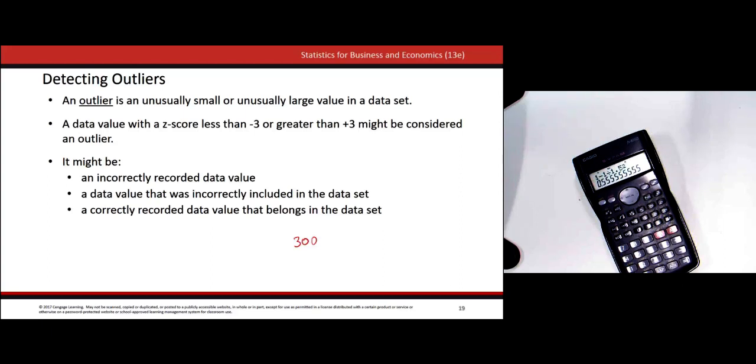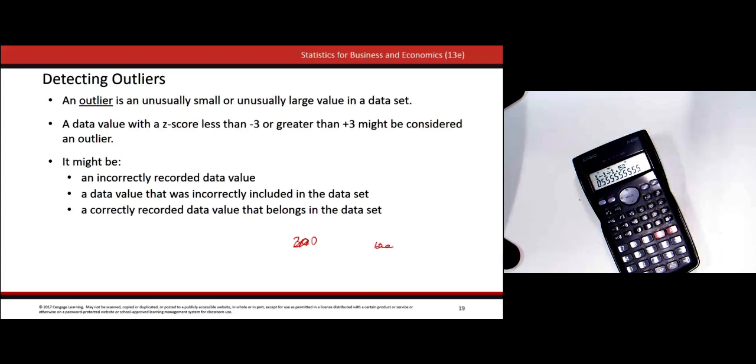Or it might be a data value that was incorrectly included in the data set, such as you accidentally typed some value which doesn't belong to the data set. In that case, you need to remove it from the data set. Or it might be a correctly recorded data value that belongs in the data set.